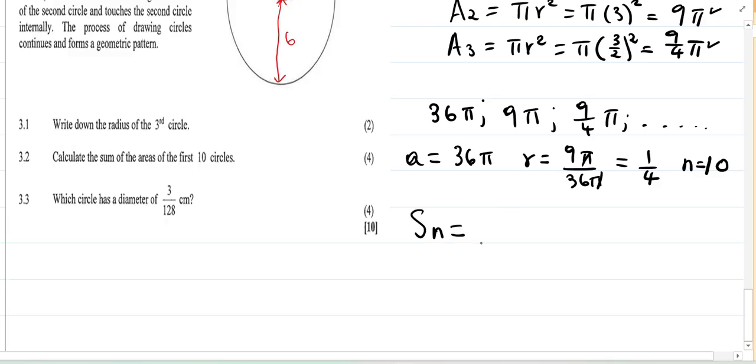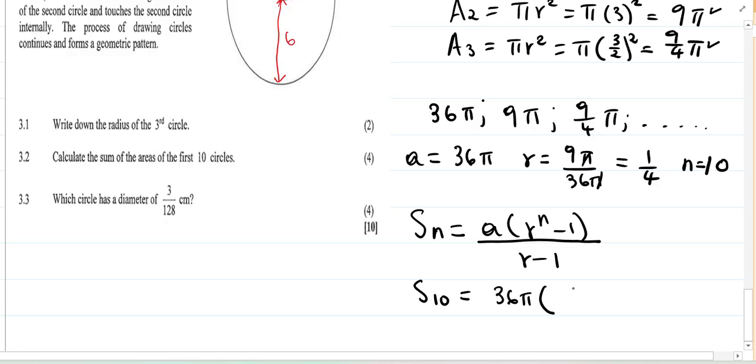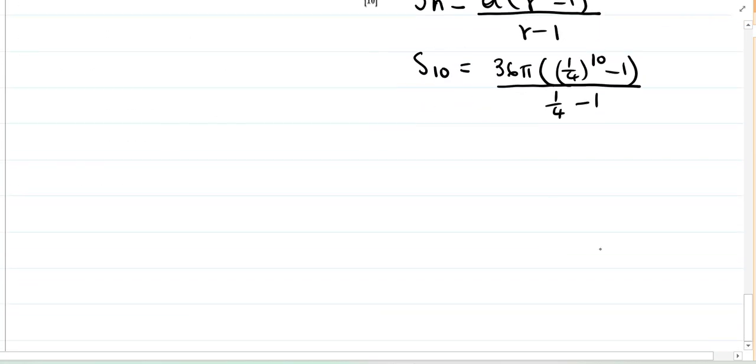So sum of geometric sequences is given by Sn is equals to A into r to the power of n minus 1, all divided by r minus 1. We are summing 10 circles, so we replace n by 10. A is 36 pi, r is 1 over 4, n is 10 once again, r is 1 over 4 minus 1, and then we put this into the calculator, and we get the answer.